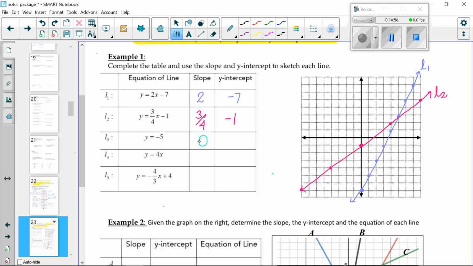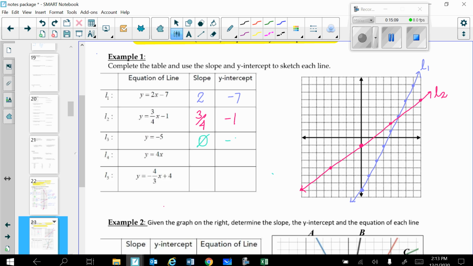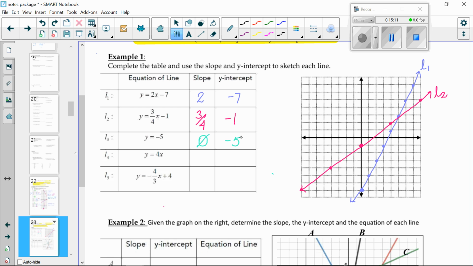So what does that indicate? Well, it should indicate that we have a horizontal line, right? What's our constant? The only number that I have is -5, so that must be our constant. So when we graph this, we're going to plot a point where y is equal to -5, our y-intercept, so 1, 2, 3, 4, 5 down.